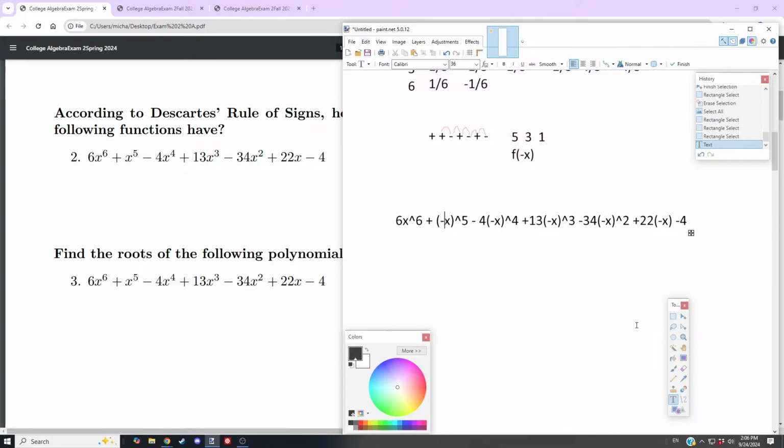On the other hand, if I have an odd power like this 5, then I have an odd number of negative signs. An even number of them will cancel, but the last one will not. And that will flip the sign of that term. If it was positive, it becomes negative. If it were negative, it becomes positive. So all of these even powers, their signs stay the same. All of the odd ones, we will flip the sign when we plug in negative x.